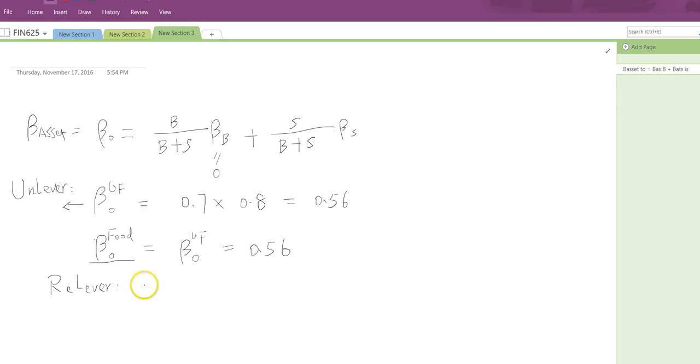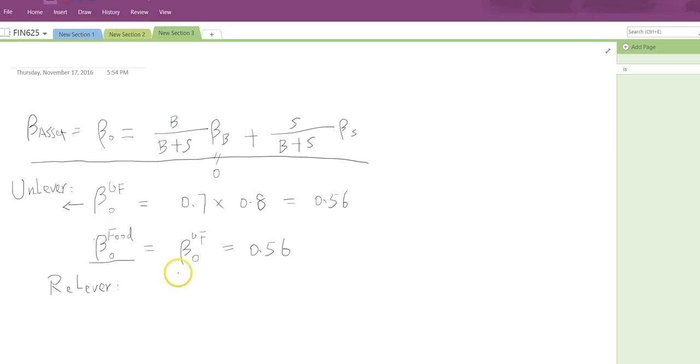So we do the relevering. How do we do the relevering? It's actually based on the same equation. But now, because we know beta 0, beta B, and the debt-to-value ratio and equity-to-value ratio, we try to find out beta S. So we solve for beta S as a function of beta 0 and beta B. How do we do that?